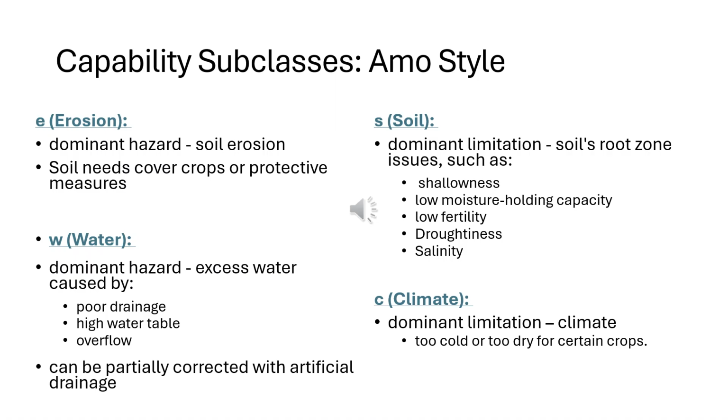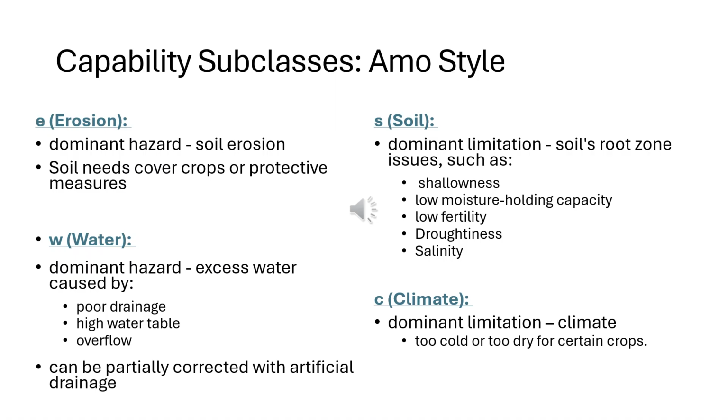And then you look at climate. Okay, so this is a little different than the root zone stuff, although climate does influence that. What we're looking at when you have a C is when you have an annual or average temperature that's too cold, or you have not enough precipitation for certain crops.